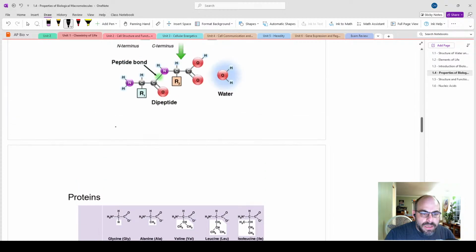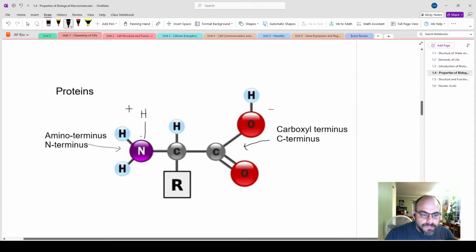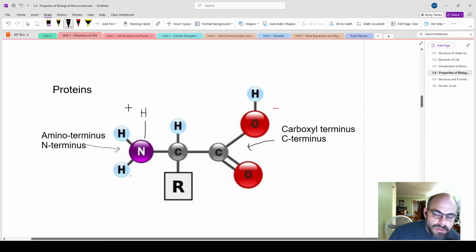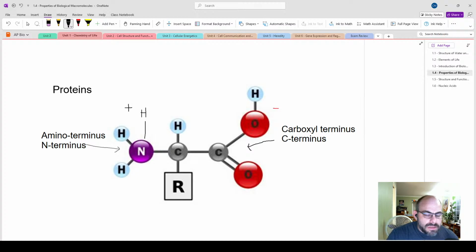All right, so now let's do proteins. What do you notice about proteins? There's one thing that sticks out. It is nitrogen. Nitrogen is present. I'm going to say something in nucleic acids in just a moment, and you'll say, well, that's nitrogen too. But there's one thing in nucleic acids that's always there. And amino acids are always going to have this R group.